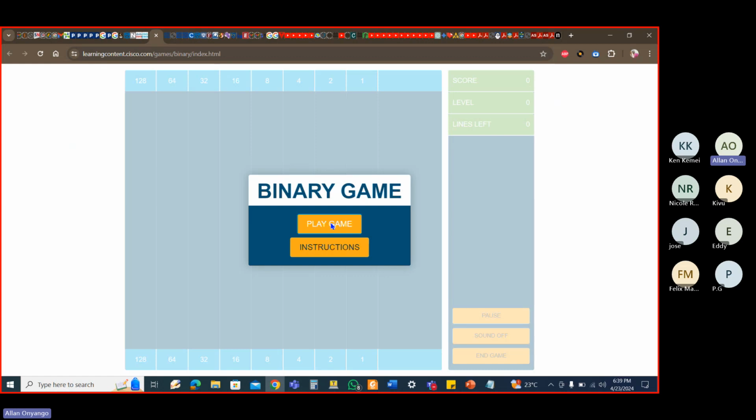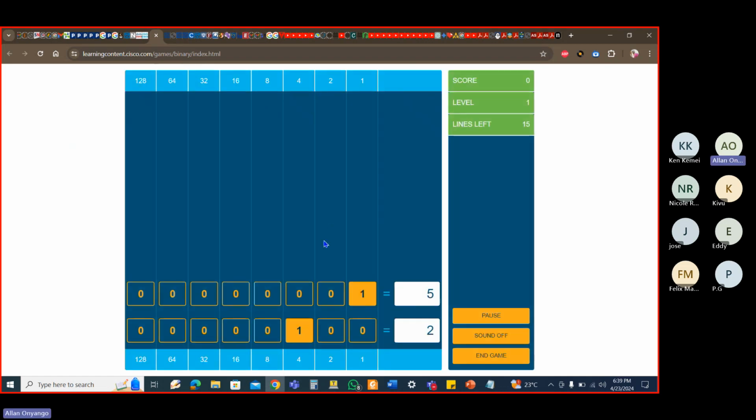I'm assuming everyone has logged in. The instructions are here, but I've been playing this over and over. When you start, your objective is 1. You see the numbers up here, 1, 2, all the way to 128. If the number is here, ask yourself, which numbers if I add, I get 2?